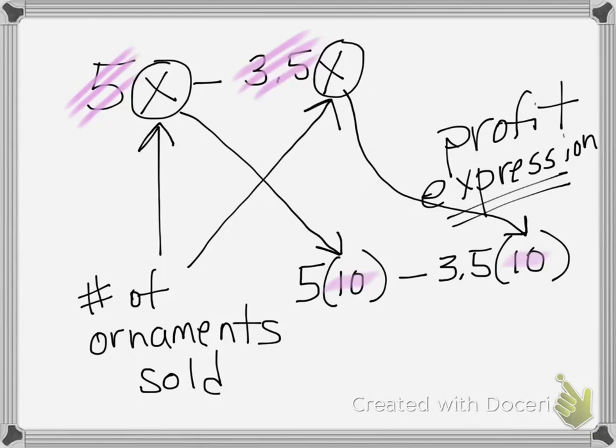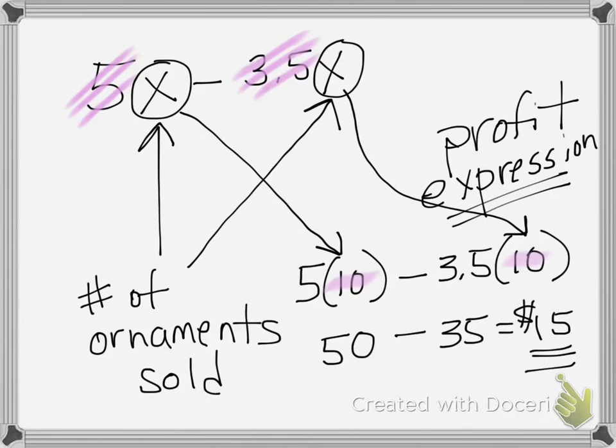So if we just continue this, we know 5 times 10 is 50, minus 3.5 times 10 is 35. Now we can complete this, and that equals 15. So this $15 is our profit on selling 10 ornaments. If we sell 10 ornaments, we make $15.